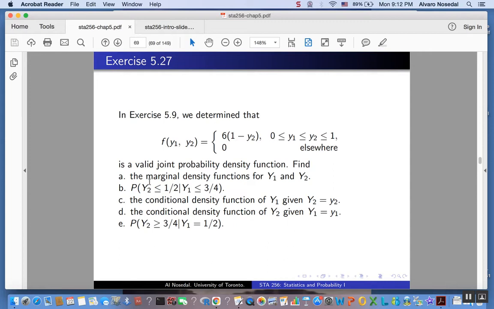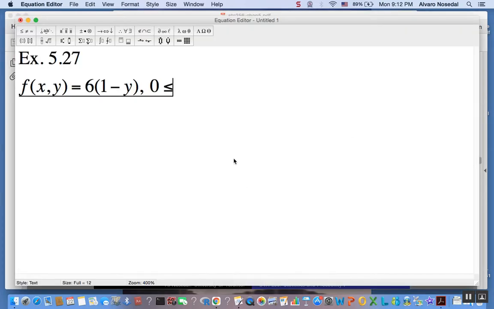So y1 is less than or equal to y2, meaning x, using my new labels, x, y, and 1. And we know that the joint PDF is 0 otherwise.